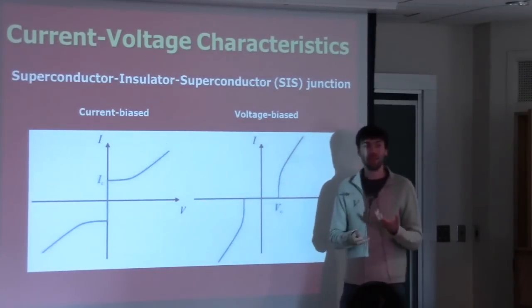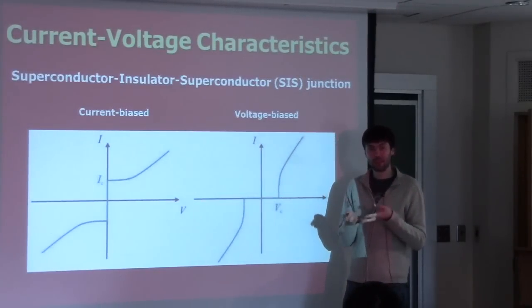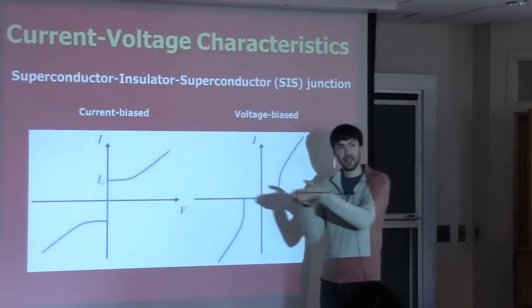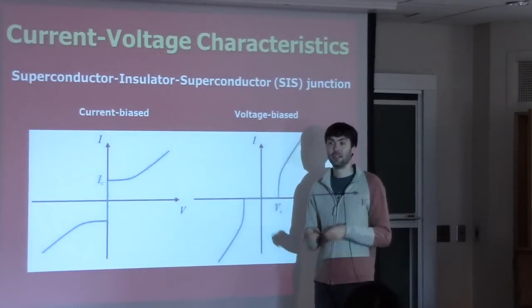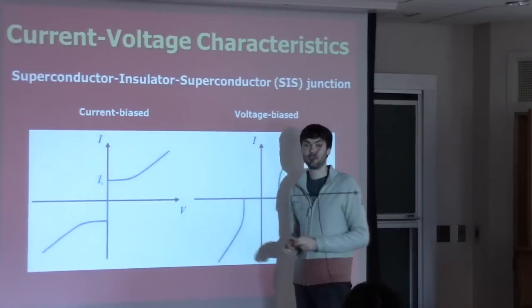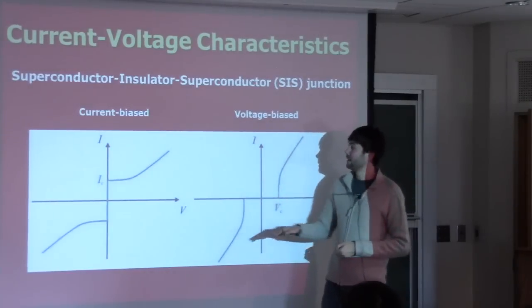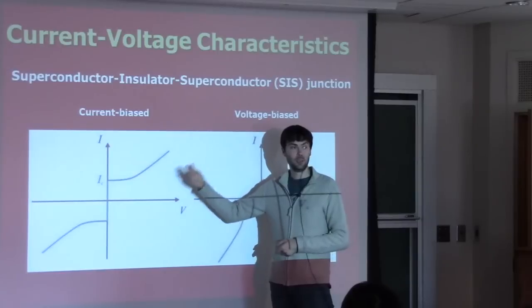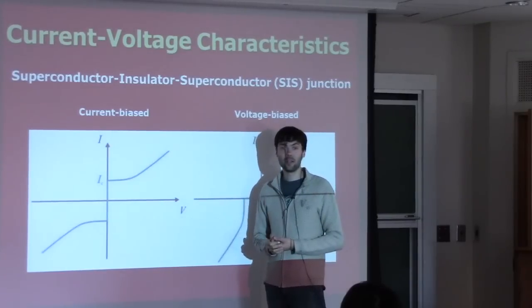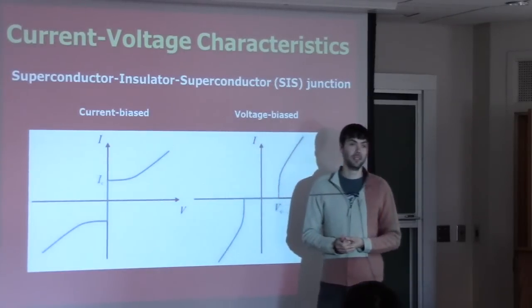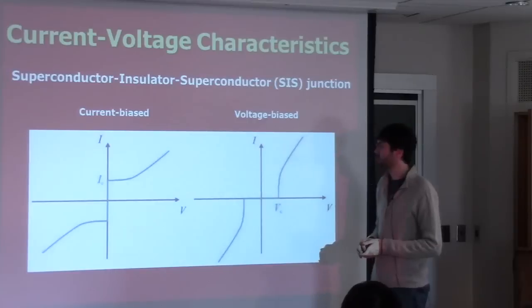The Cooper pairs that carry supercurrent, which are pairs of electrons, are able to tunnel across this tunneling barrier and maintain this superconducting coherence over the non-superconducting section.